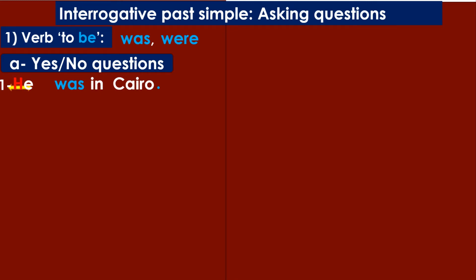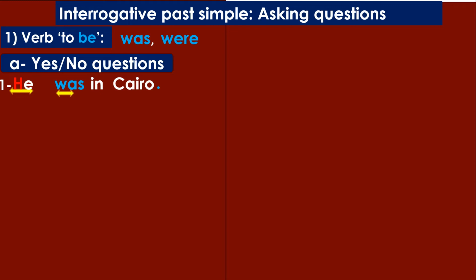We're going to make a sort of inversion between he and was. Instead of saying he was, it is going to be was he. Okay, this is called inversion. I don't know how to translate it into Arabic.